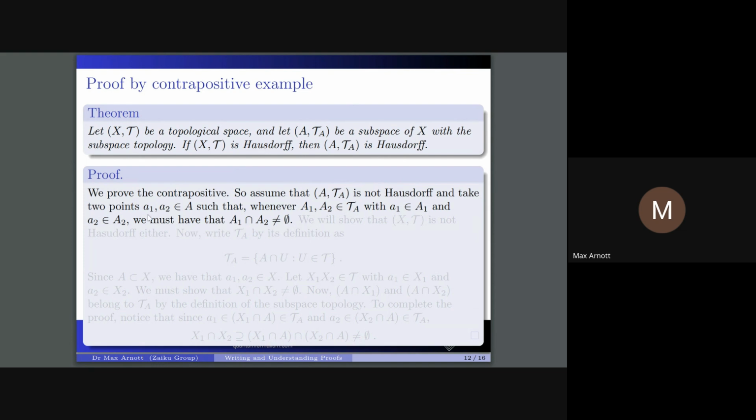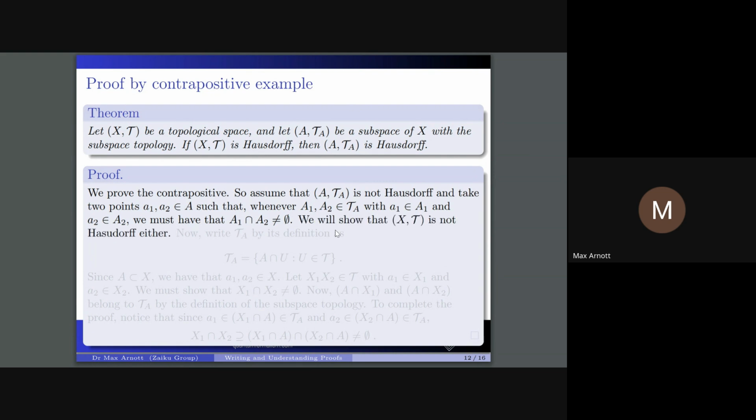So precisely, if we have a1 and a2, which belong to our non-Hausdorff subspace A, anytime we have two sets A1 and A2, which belong to the topology of A, they're open sets, with a1 belonging to the first one, capital A1, and a2 belonging to big A2, we must have that they have non-empty intersection. We can't find two nice little open neighborhoods which don't intersect each other.